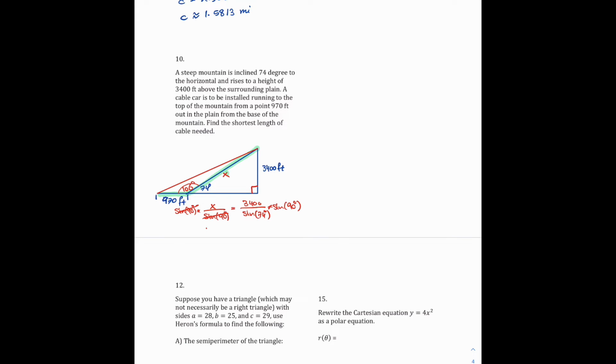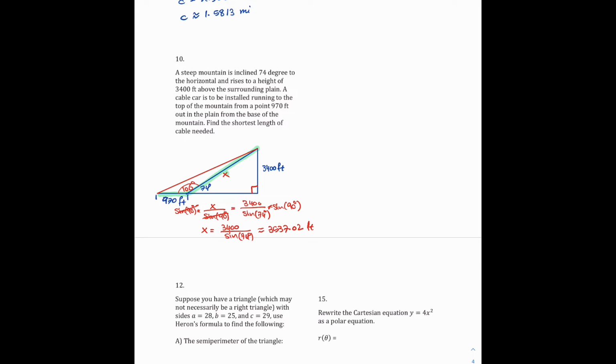So X is equal to 3,400 times 1 divided by sine 74 degrees, which gives X approximately 3537.02 feet.